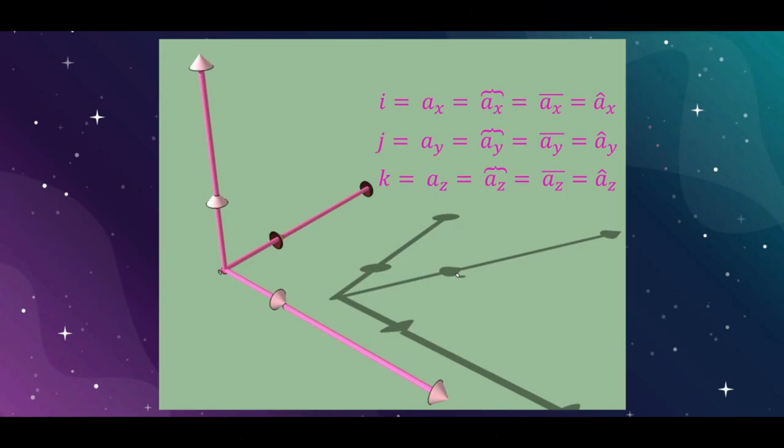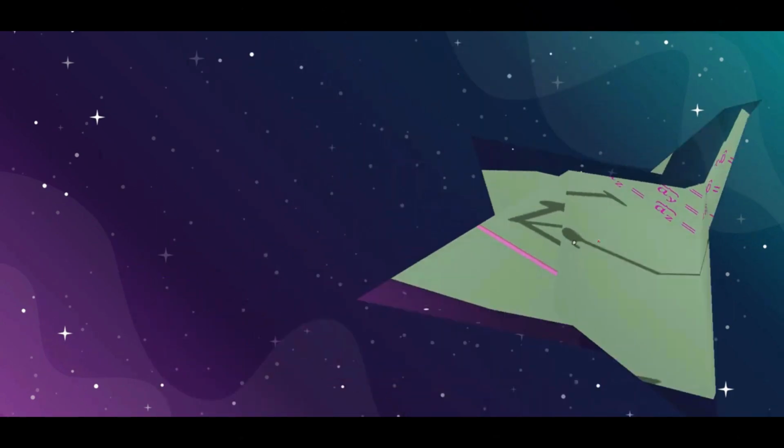Direction component is given by ax, ay and az. It is also written as ax bar, ay bar or az bar. In a few textbooks it will be written as ax cap, ay cap or az cap, but ultimately these are the directions.